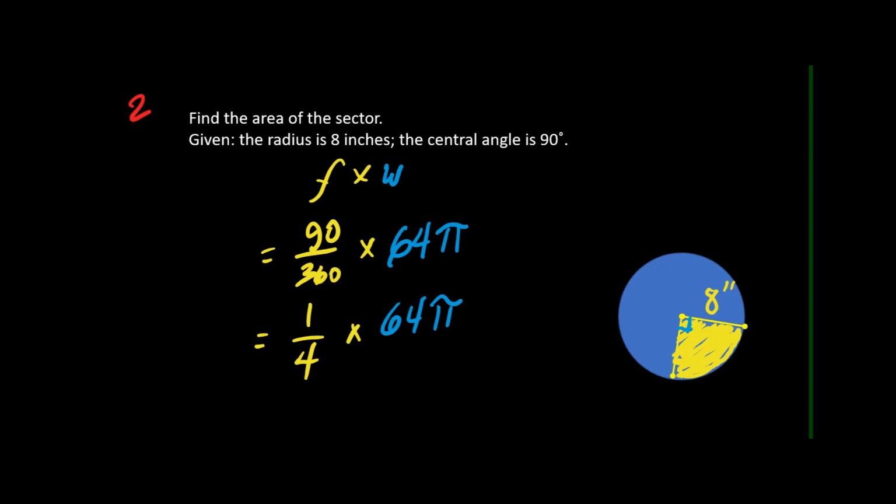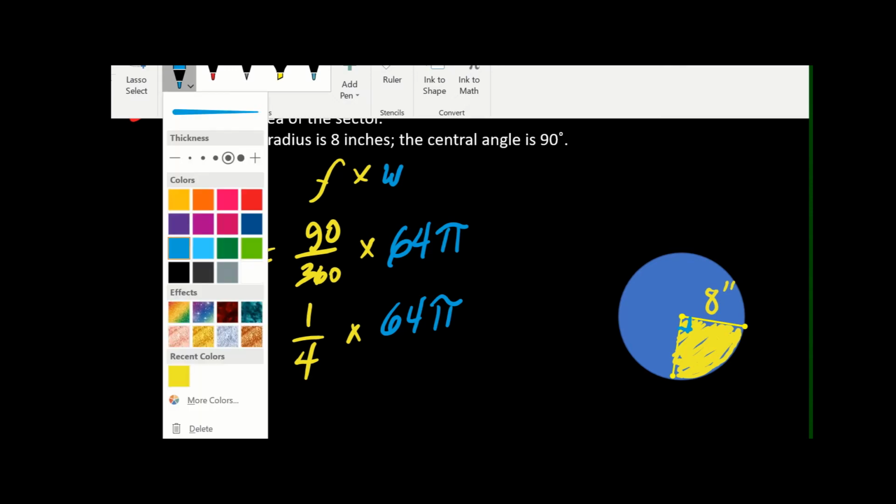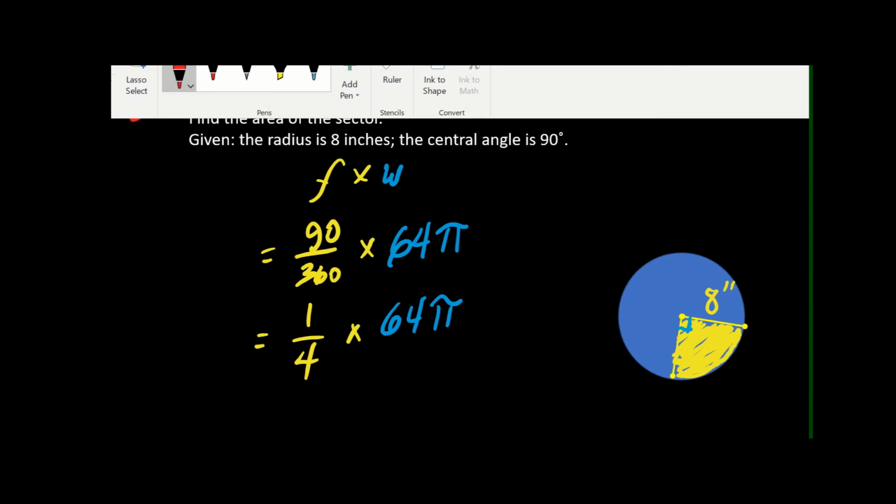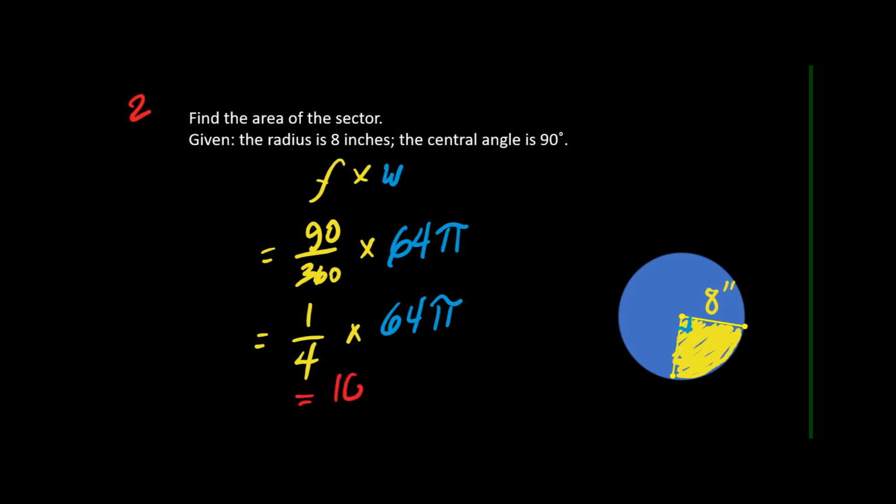Cutting it in half is 32, and cutting it again is 16. So I get 16 pi. And of course, you could multiply that by 3.14 if you needed a decimal answer. And again, it's square inches.